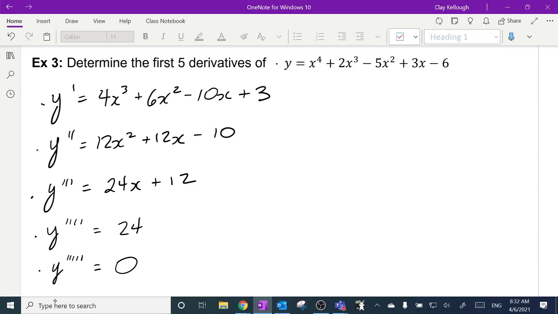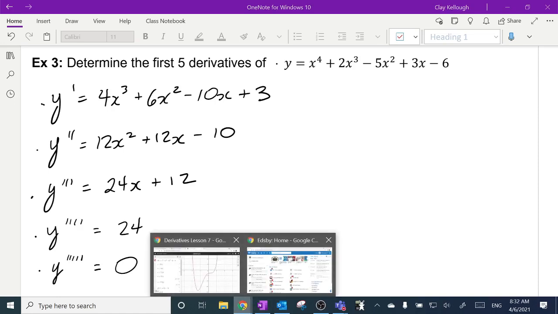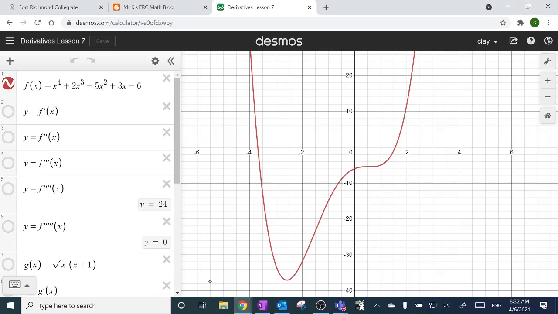And just to show that progression, I actually did Desmos for this one. So there's the original, right? It's definitely a quartic. It changes directions 1, 2, 3 times. And then its derivative is a cubic, which changes direction twice.